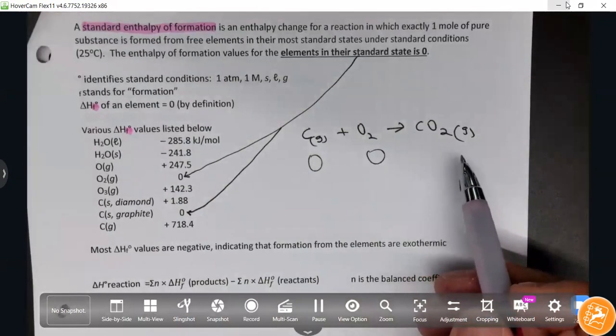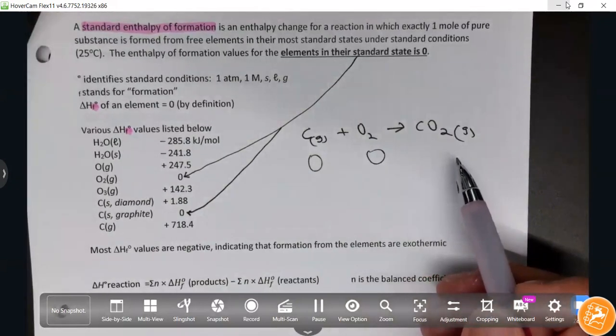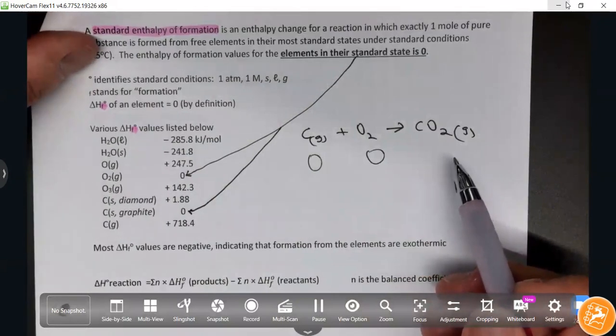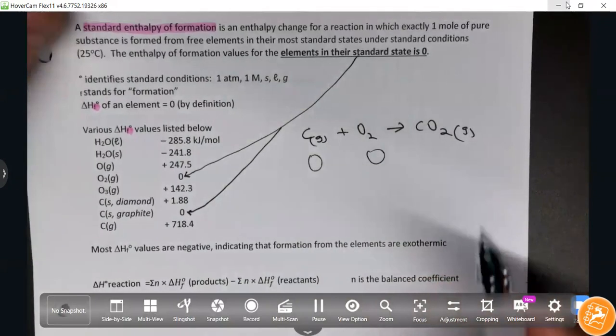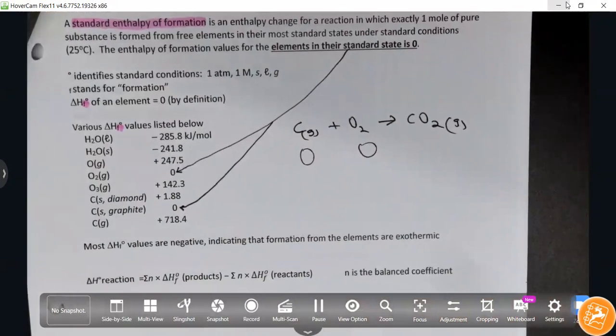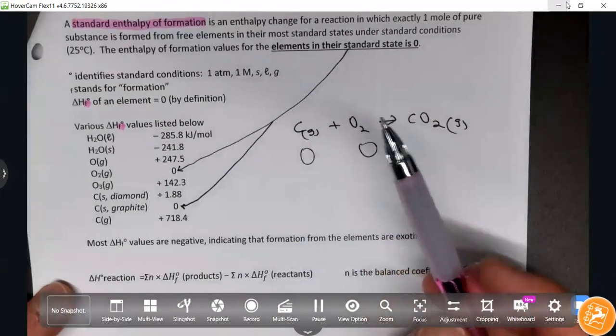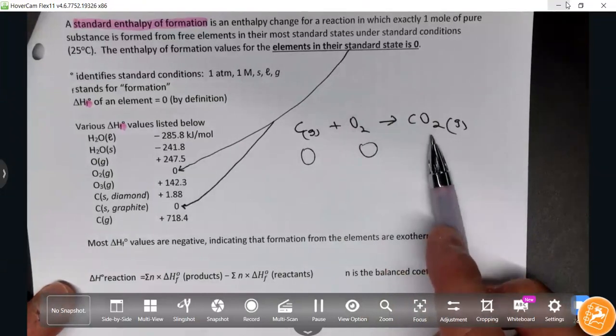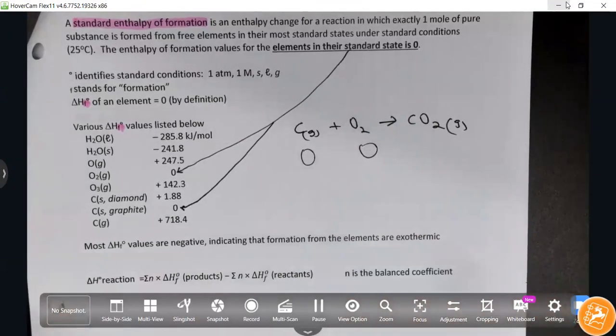There is a table for this in your book. Another enthalpy is called the bond enthalpy, but we don't cover that in this class. So there's just a table. It is how much energy to form compounds from their elements, enthalpy of formation.